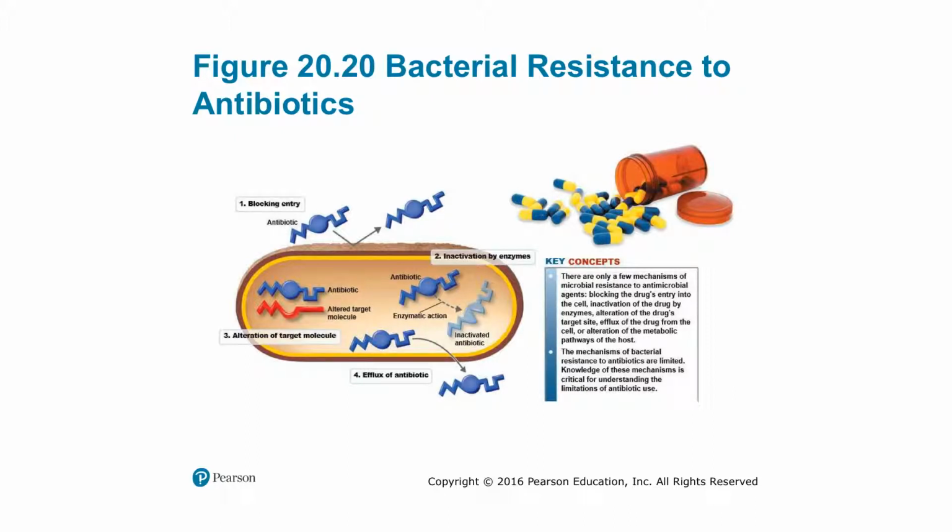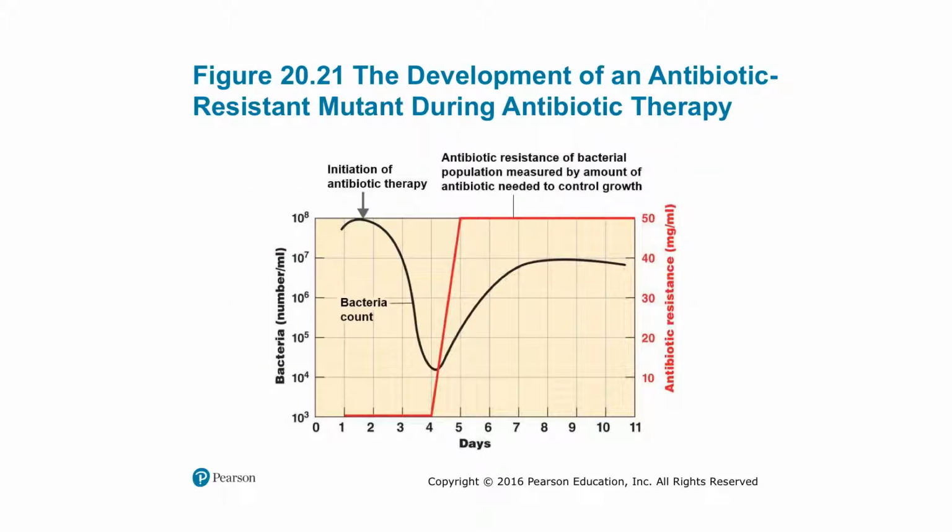So here, we've got a couple of different ones. These resistance mechanisms are either going to block the entry, inactivate enzymes, change the target molecule, or just get rid of the antibiotic. So here is the development of an antibiotic-resistant mutant during antibiotic therapy.